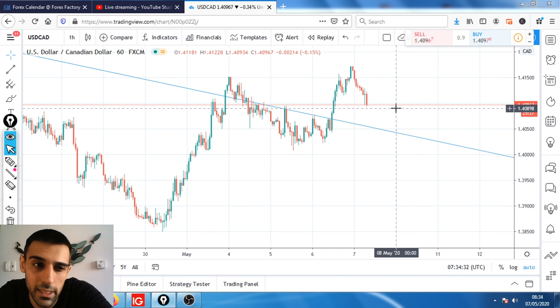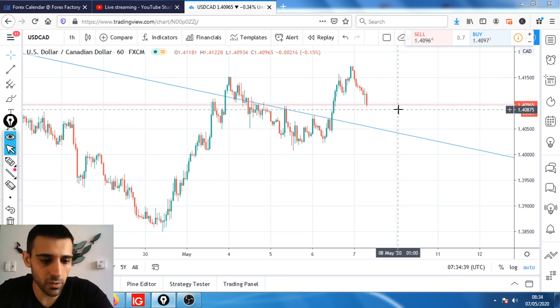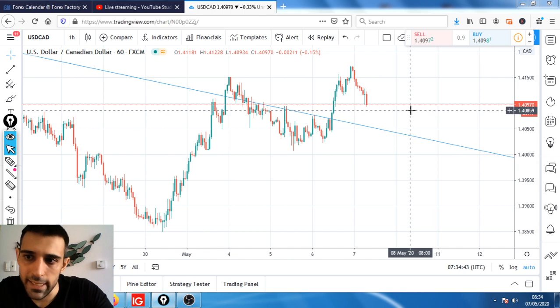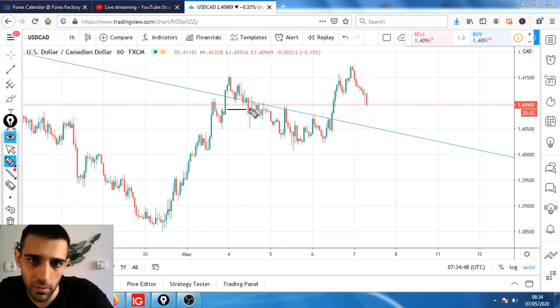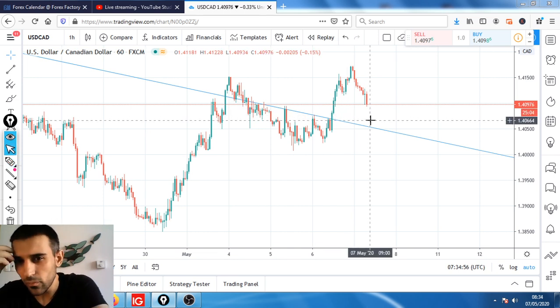So 20 is all right, but 25 pips is better. So a 25 pip stop loss would be better in this case. We're going to position our stop loss down to about 140.85 zone, roughly about this area. So we're going to be lower than this, and also this spike low down here. So 25 pip stop loss.